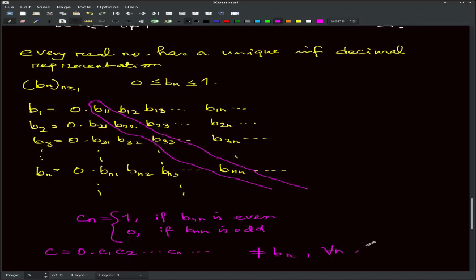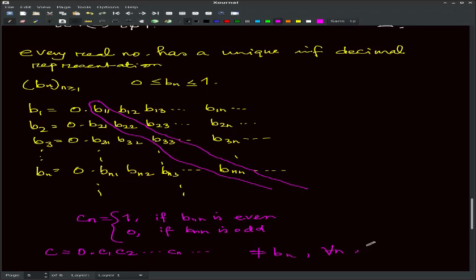So what did he prove? If you give me any countable set of real numbers, there is always a real number which is not in that countable set. So in particular, the reals are not countable.